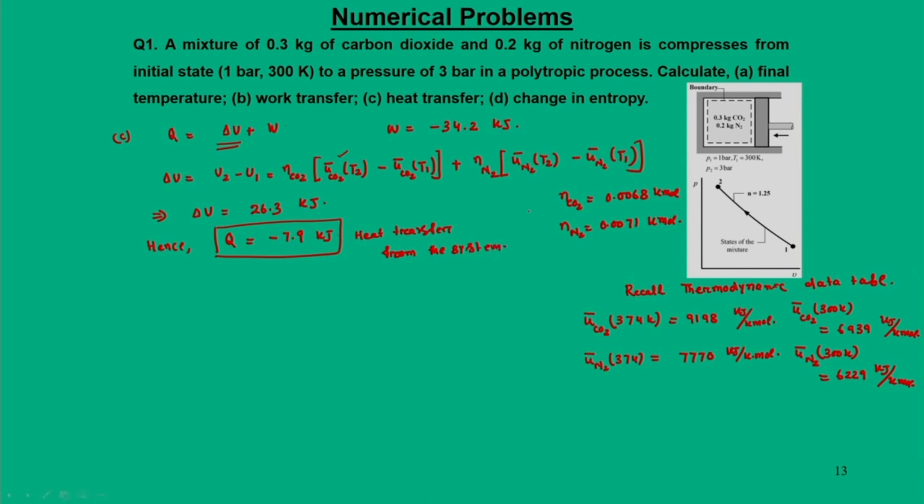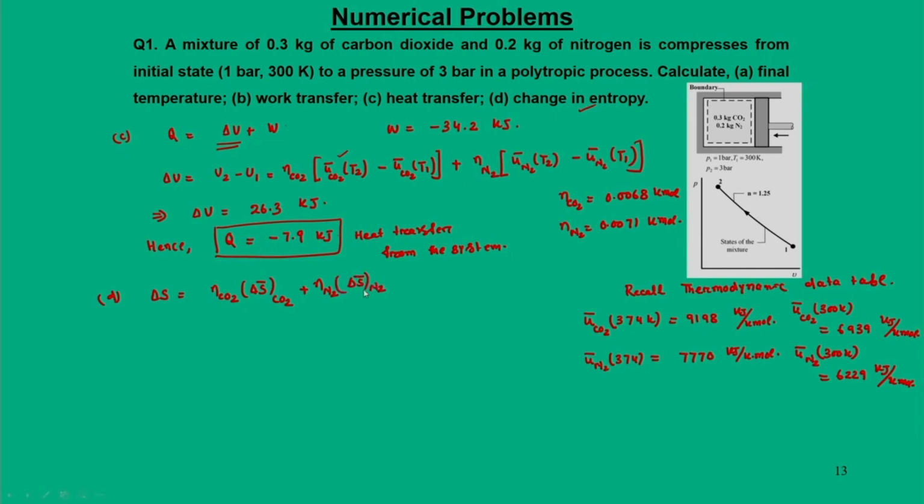Okay. And the last one is we need to calculate the change in the entropy. So, the entropy change, delta S, we can write as N_CO2 delta S bar CO2 plus N_N2 into delta S bar N2.